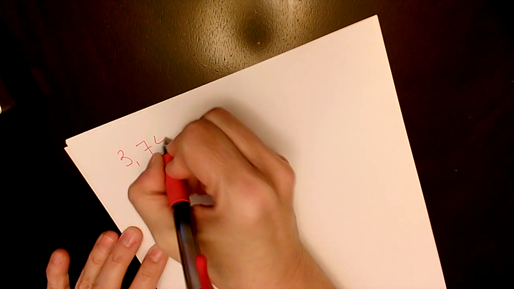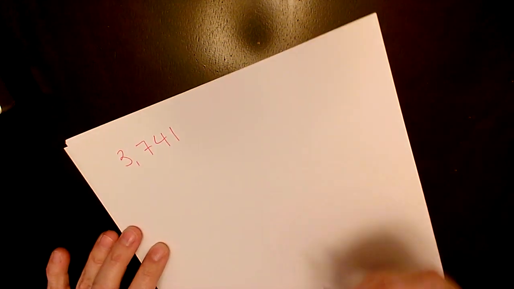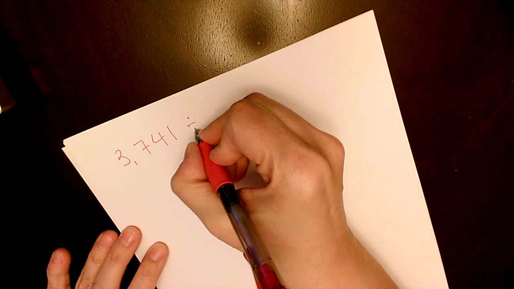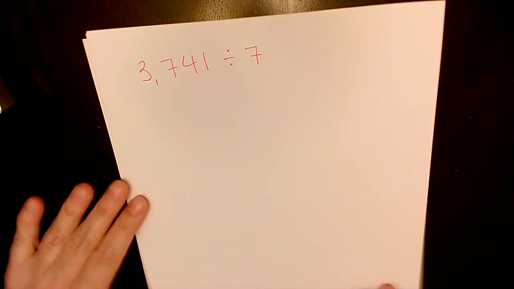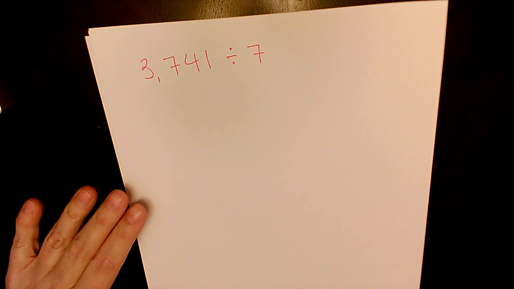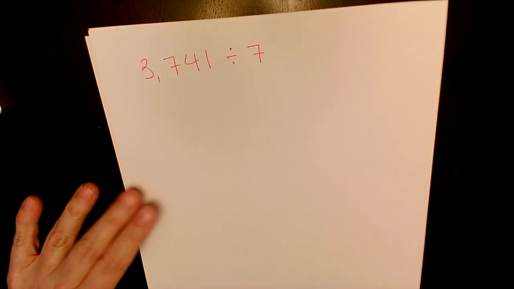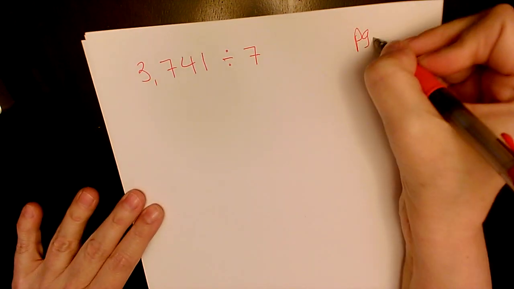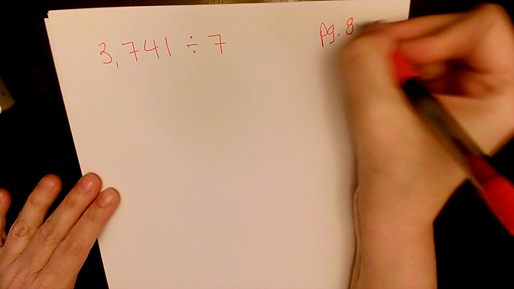So let's take 3,741 and let's divide it by 7. And this in the book, this is on page 89.